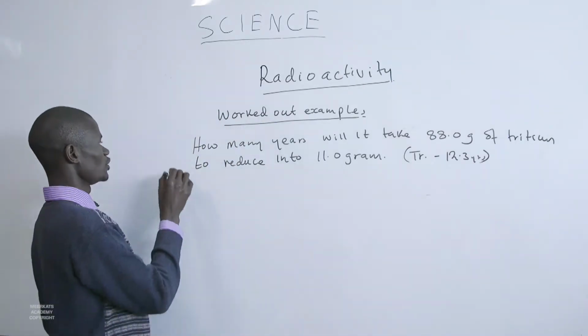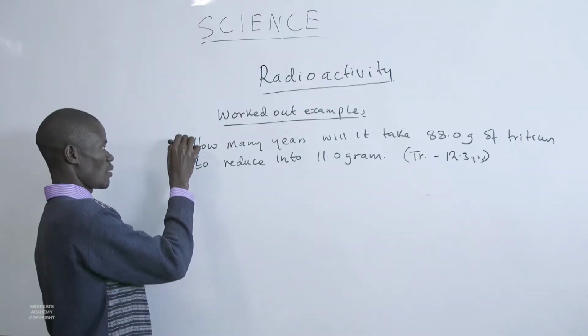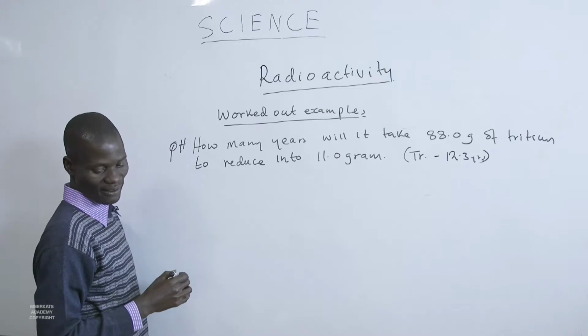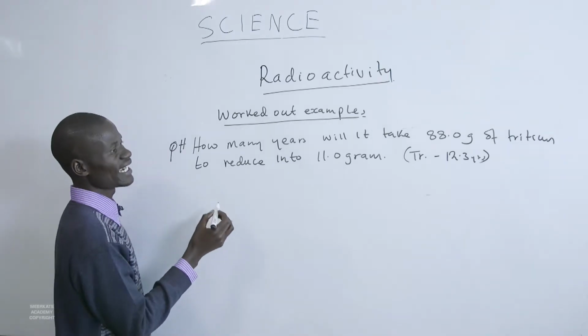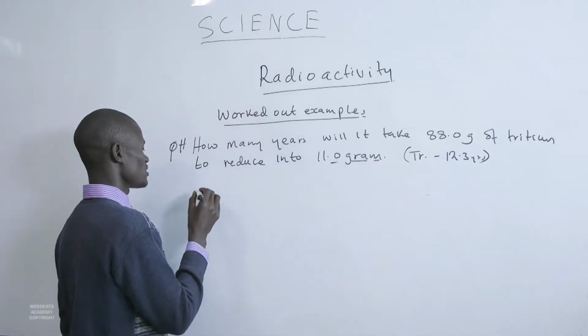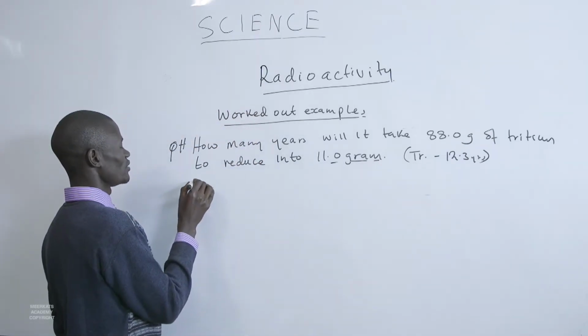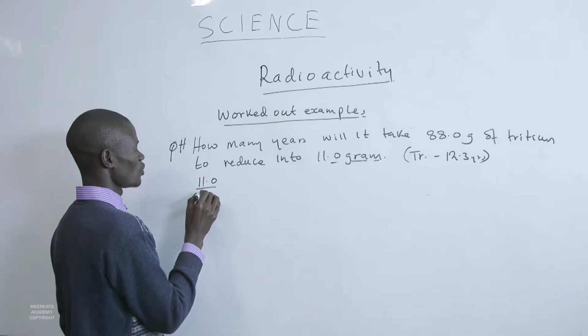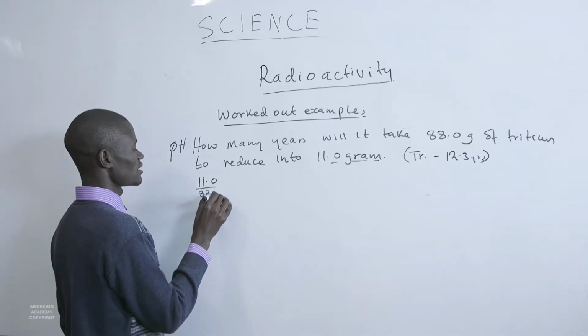From the previous solution, we found that we have to take the mass that is remaining, that is 11.0 grams, and divide it by 88 grams.